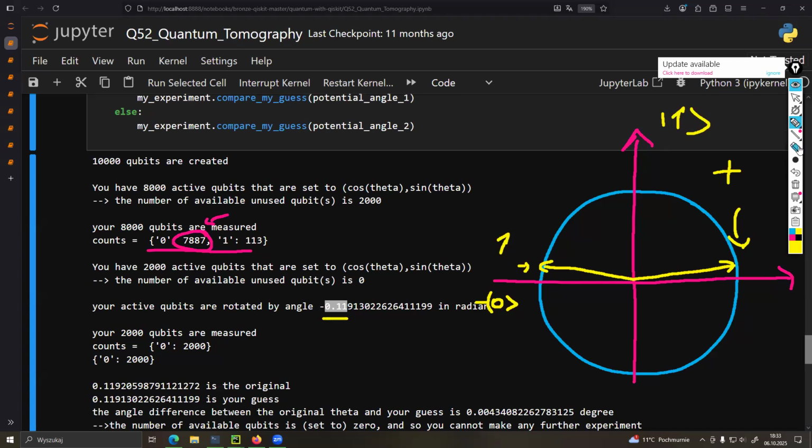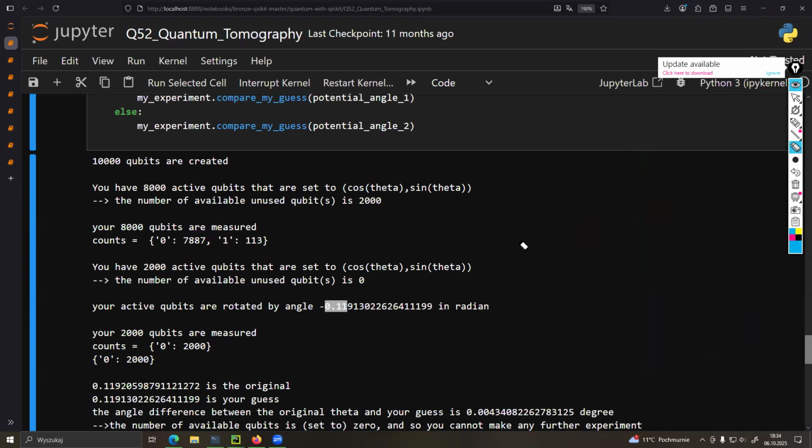Oh, there is a slight... I had been on this state, but I am pretty much bang on zero, as you can see from the amount of experiments that I have conducted. 2,000 of them, out of 2,000, actually represent 0. So my error from the actual set state in this notebook is pretty much non-existent.